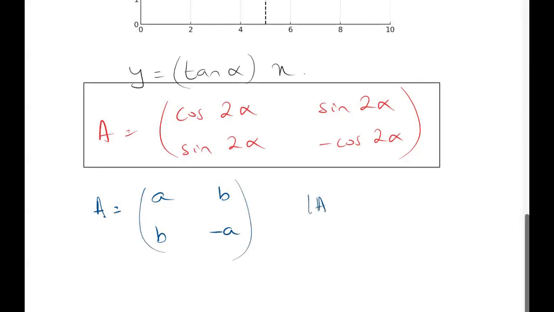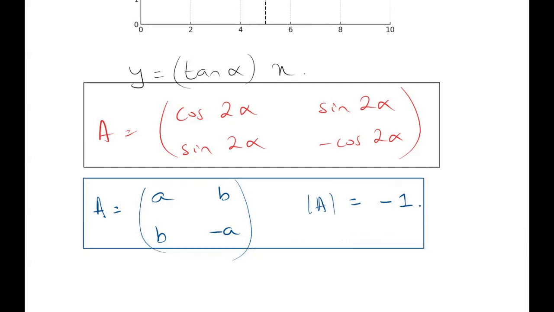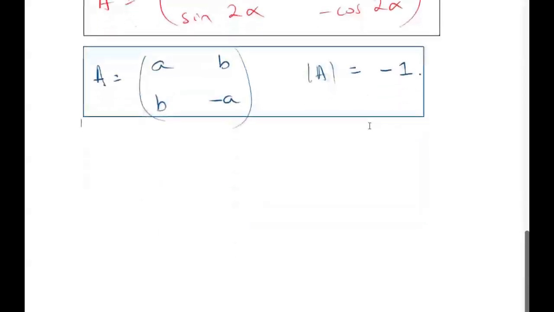And the determinant of this matrix is equal to minus 1. These are the two things we should always keep in mind. Whenever we see a transformation matrix having these two characteristics, that transformation matrix is actually a reflection matrix. I hope we are clear with what is what.